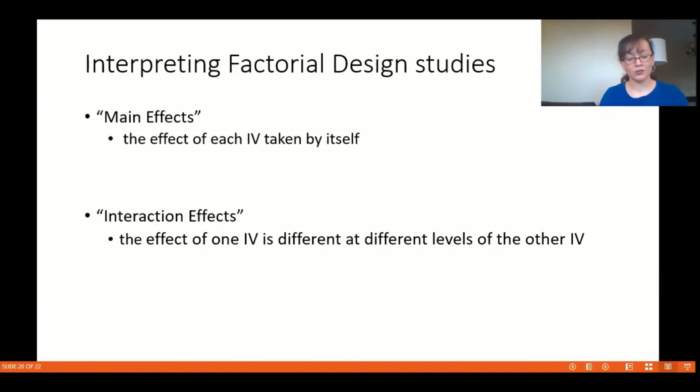But the interaction effect is when the effect of one independent variable depends on a particular level of the other independent variable. We can only get this interaction information when we test 2 independent variables at the same time. We can't get this if we're looking at one independent variable in one study and one in another. It doesn't work that way.